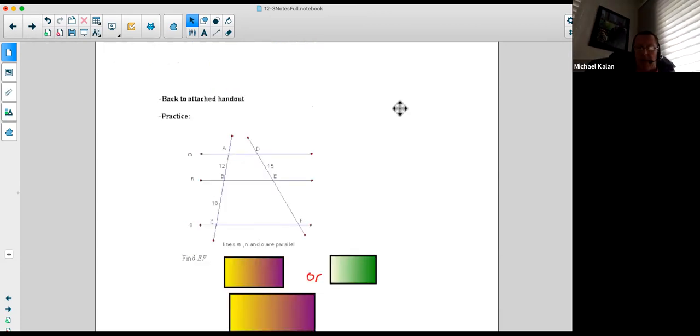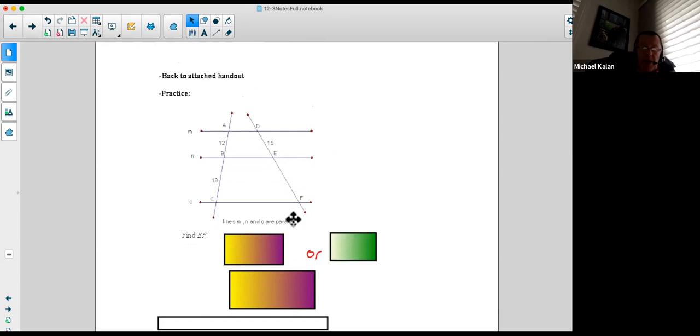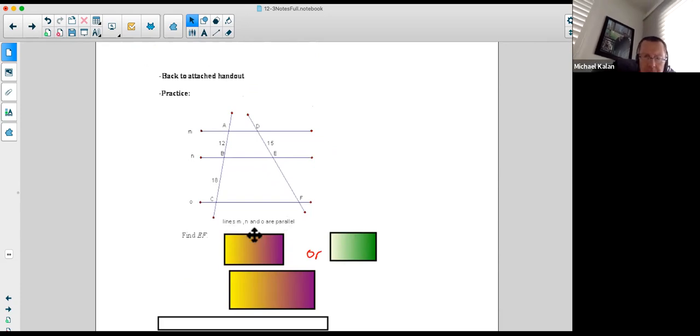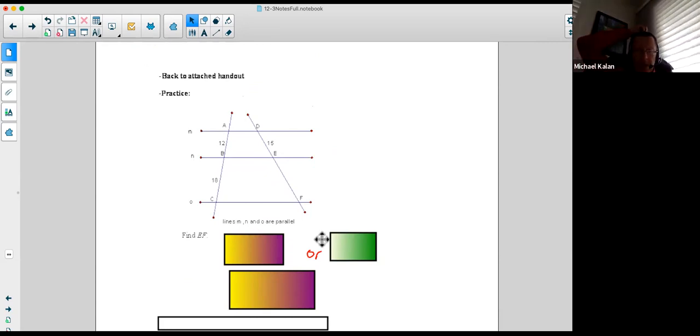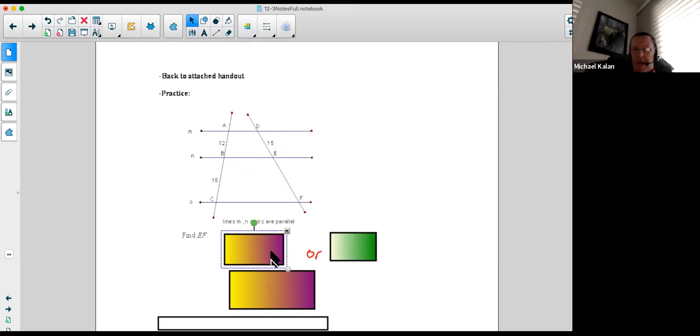Okay. So now we're going to practice the one that we just did with the 3 parallels. Okay, that theorem. And notice that we have lines MN and OR parallel, and then we have our 2 transversals here, right? Okay, so you need to find what EF is if we know 12, 18, and 15. Okay. All right, so try it. And I'm back now.